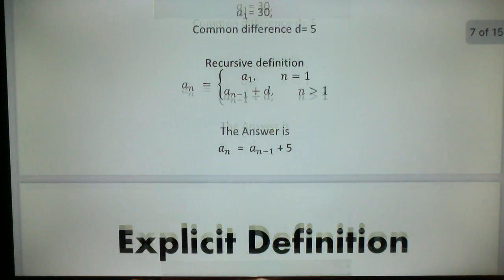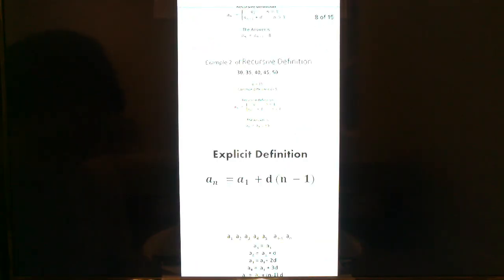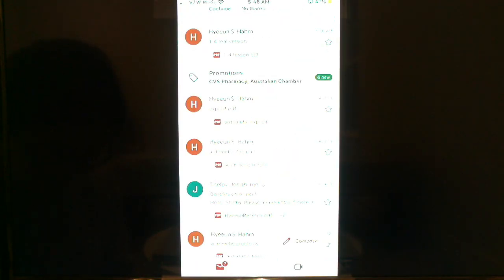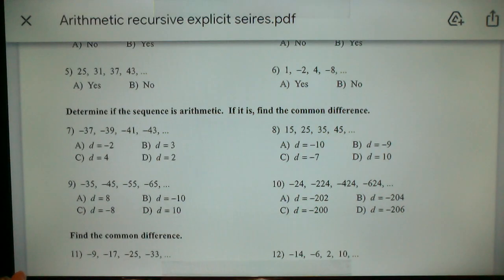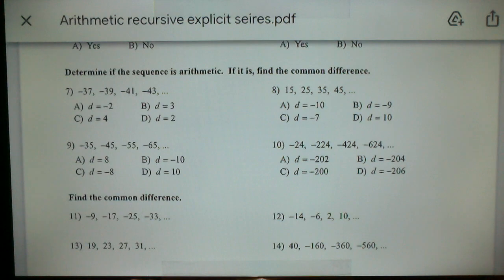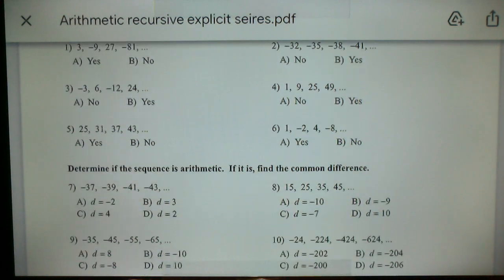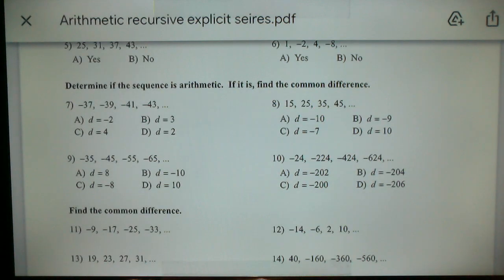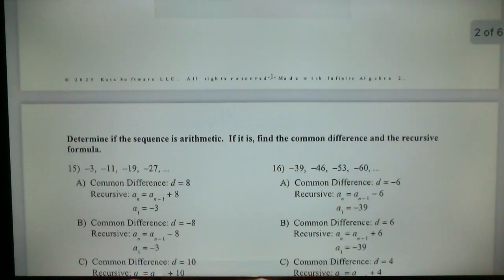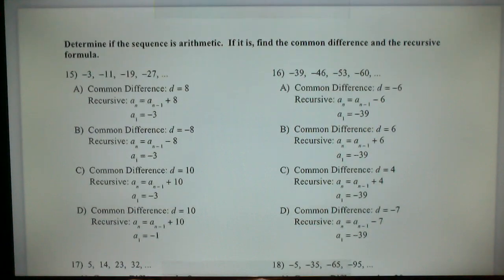Before we start the next topic, let's go over some examples. I gave you the handout. If you see number 15, it says determine if it is arithmetic, and find the common difference and recursive formula.